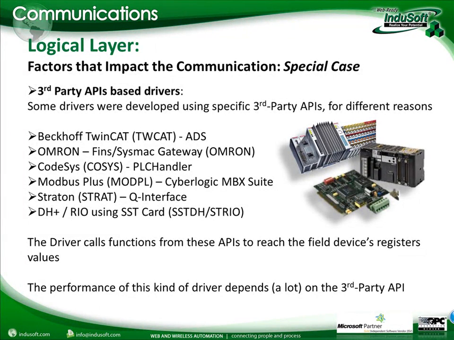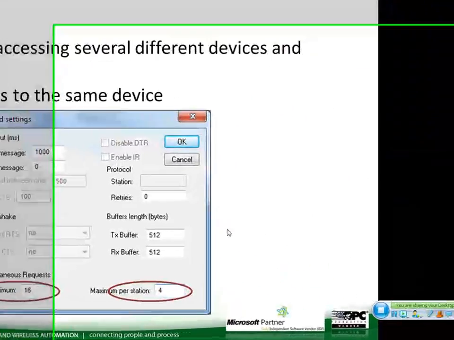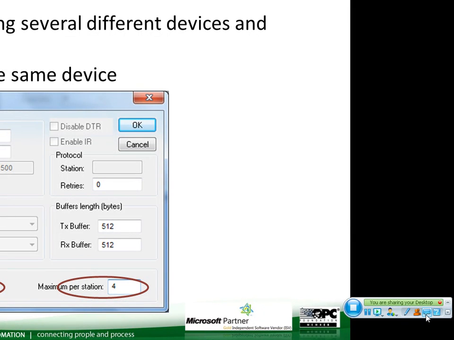Same thing with Omron, we get the data in about 50 to 60 milliseconds. That's how long it takes to exchange data with these two. But there are other devices where it takes longer for the APIs to process the request and reply to our driver. Okay, let me see if there are any specific questions about that right now.